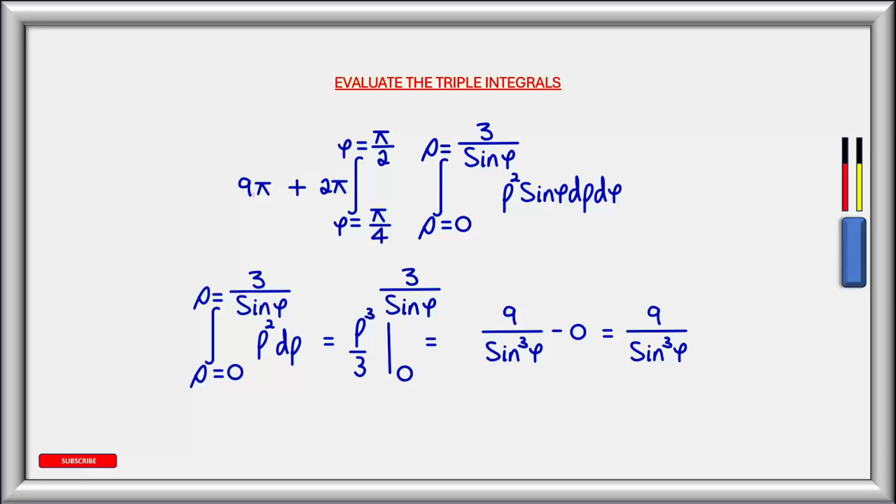And now working on the right-hand side of the plus sign, we want to integrate from rho equals 0 to rho equals 3 divided by sine phi of rho squared d rho.